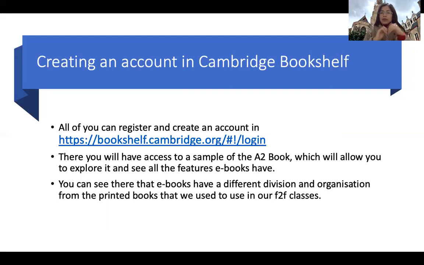You just enter your information and you create your account. There you will have access to a sample of the A2 book. It says with answers, no? It's a sample, and it will allow you to explore this ebook and see all the features that ebooks have in case you don't know.